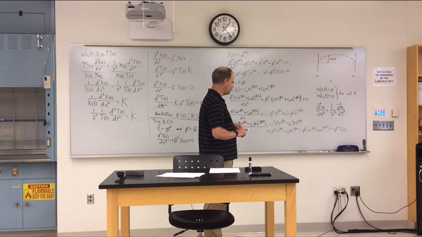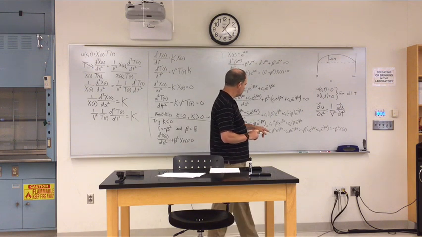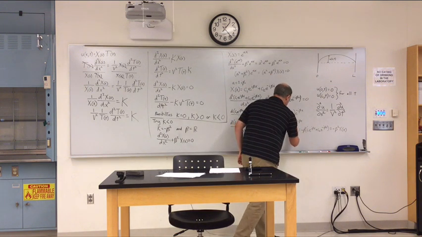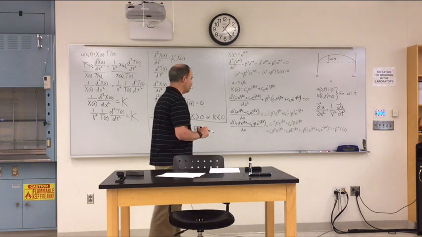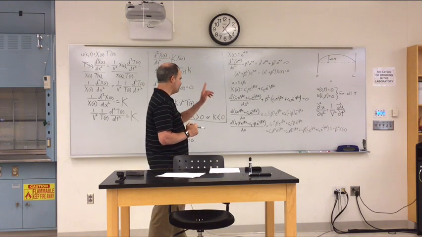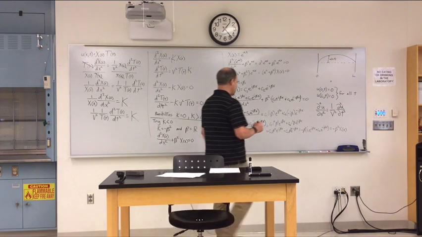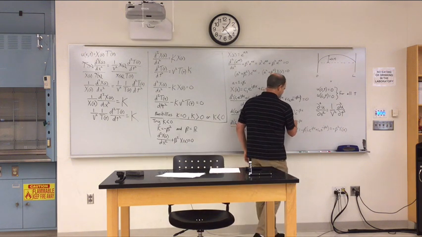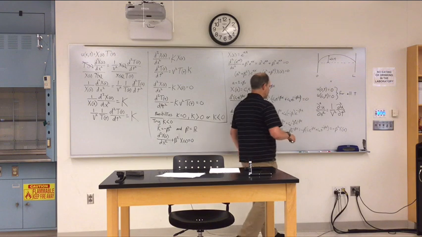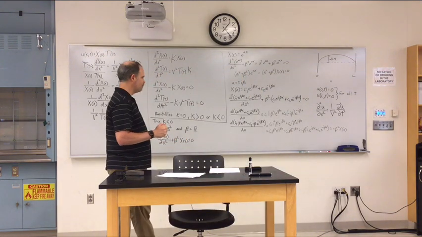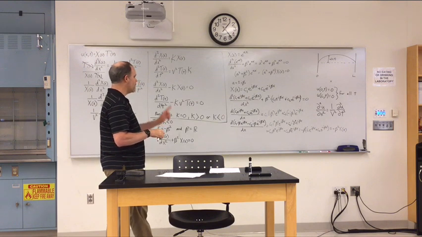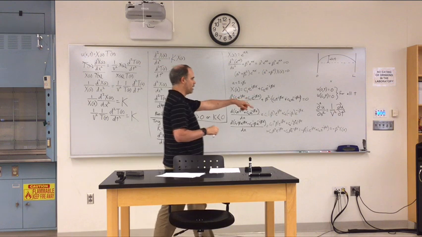You didn't put the squared on the second term. Okay, so this is minus beta squared x.